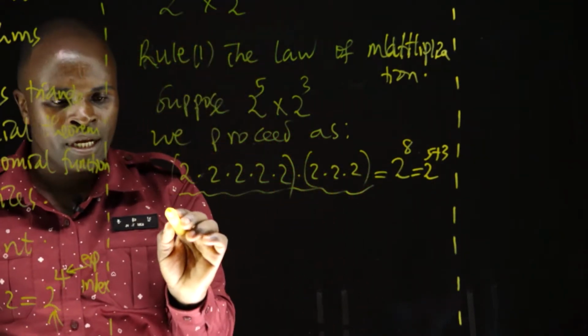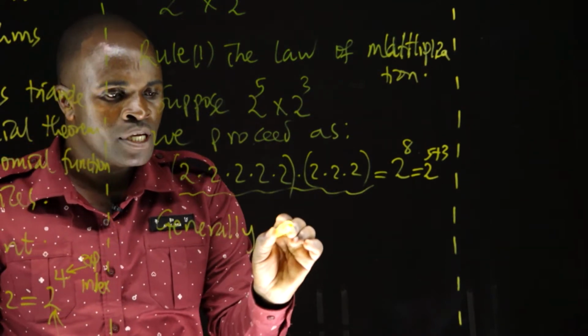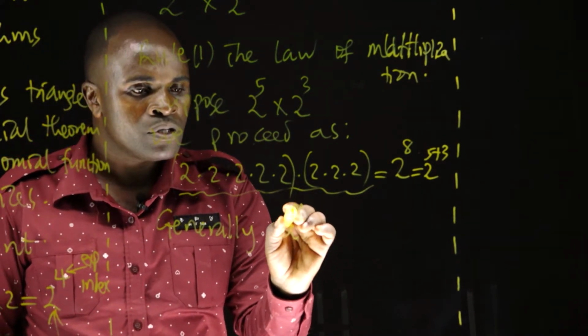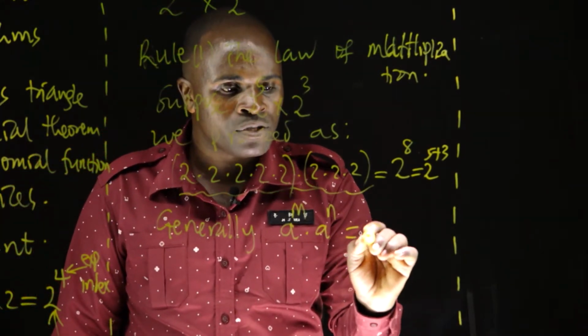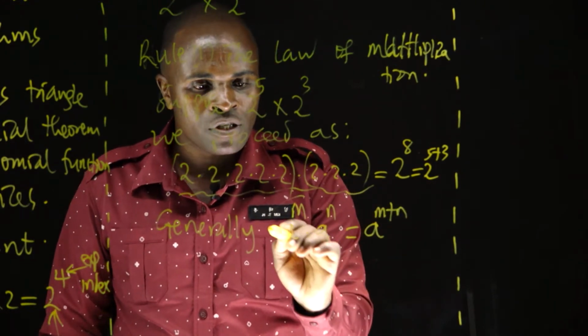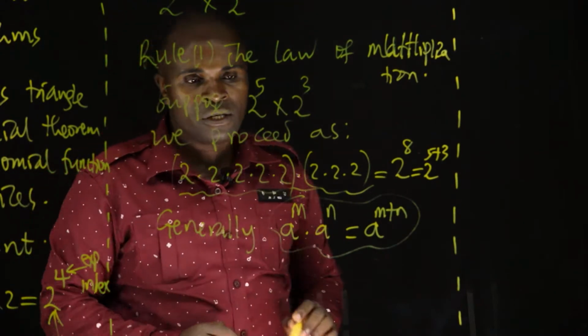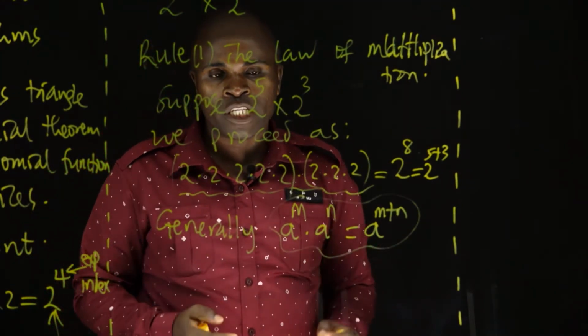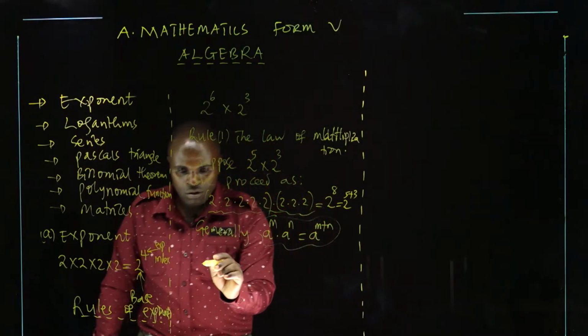So we say generally a power m times a power n is the same as a power m plus n. So this is one of the most important rules, and we will be working with this rule by solving some questions in which we will be applying the rule. So we call rule number 2.